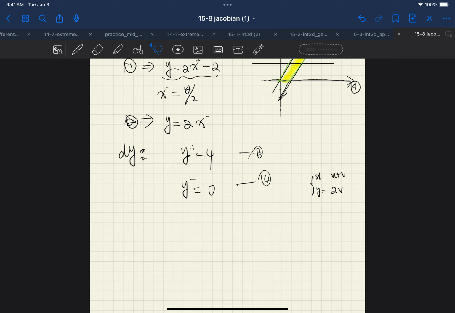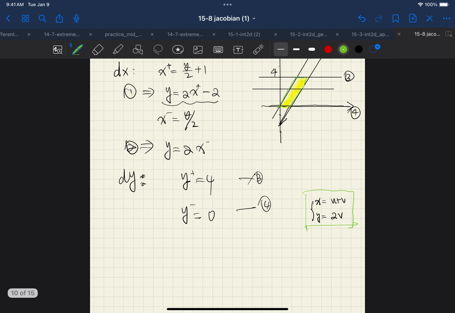So after going through this machine, if line 1 goes through, it comes out as, let's say, 1 prime.